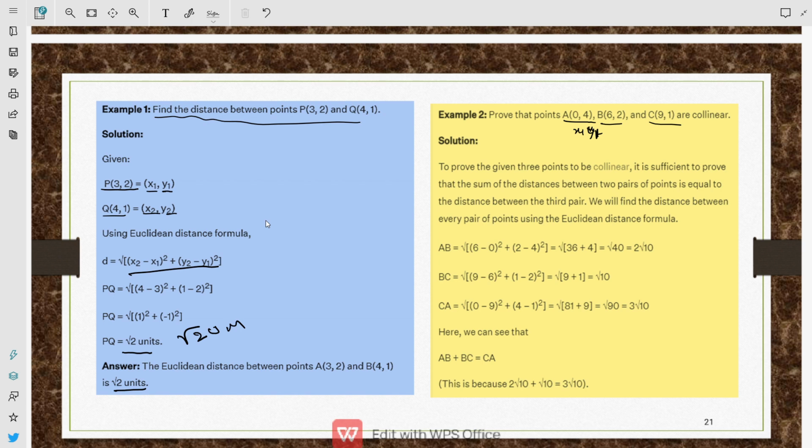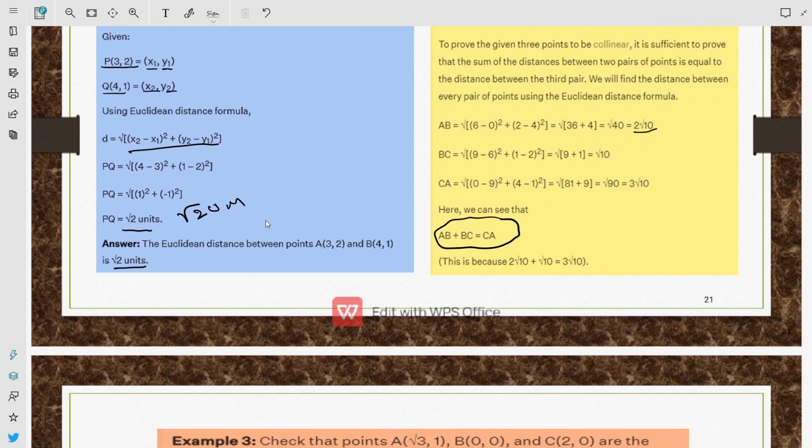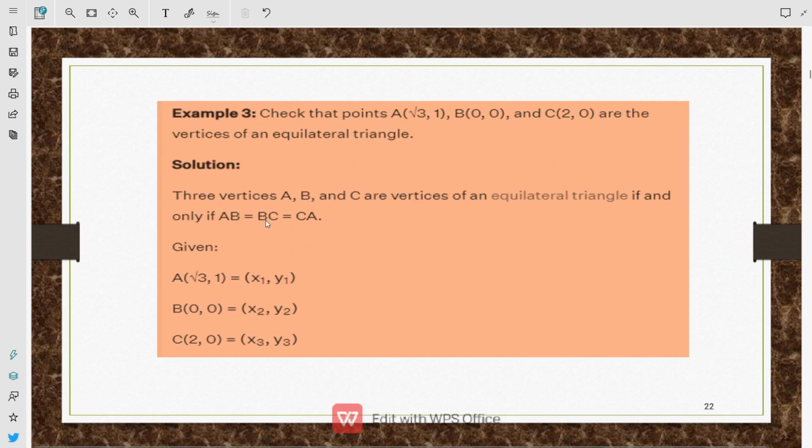You have to find out the distance between AB, the distance between BC, and similarly the distance between A and C. Whenever the sum of the distances of two segments is equal to the third, that particular set of points is said to be collinear. It might be asked in the 2 mark questions itself, so go through it and check whether the points are collinear.